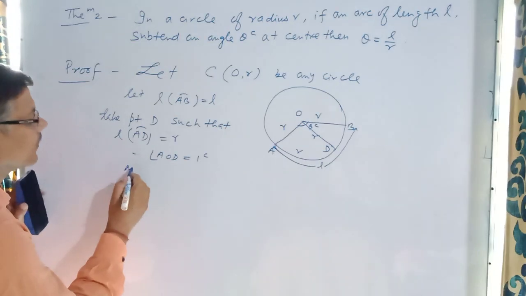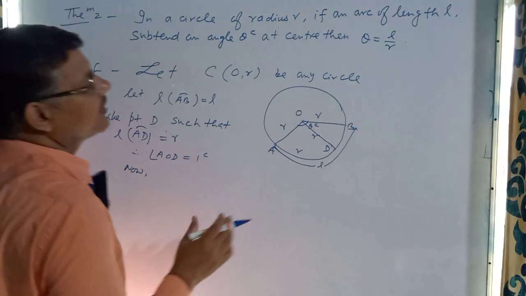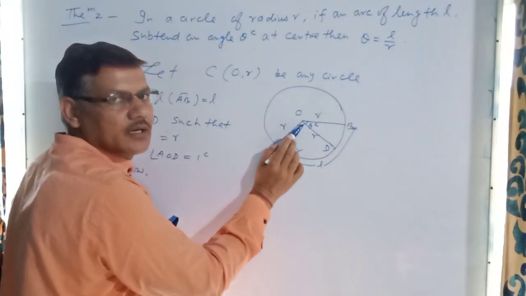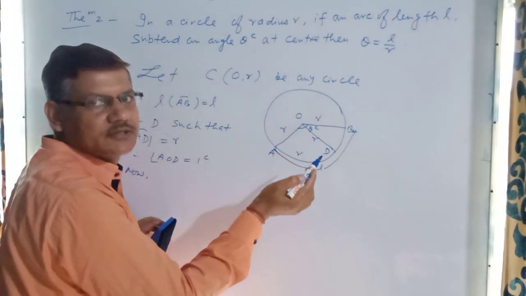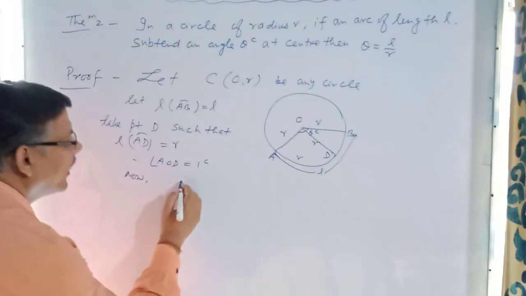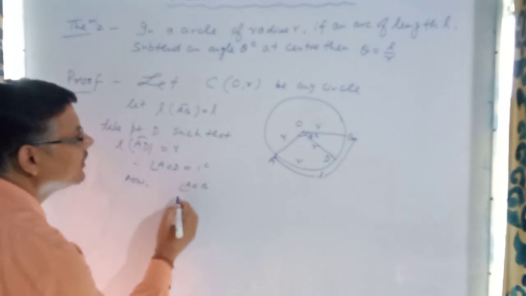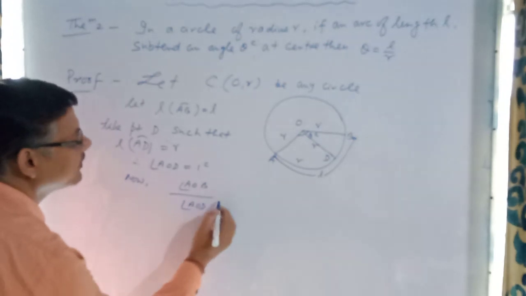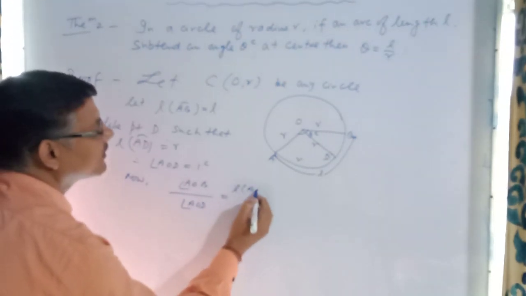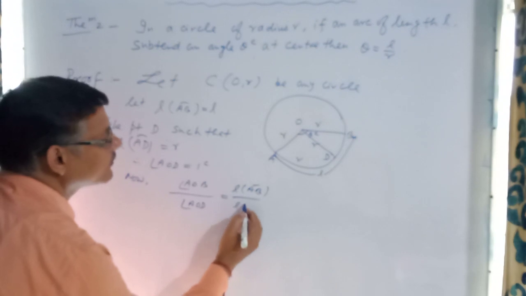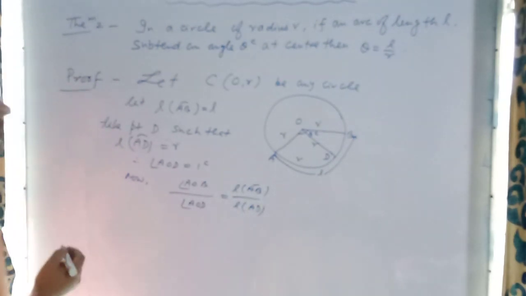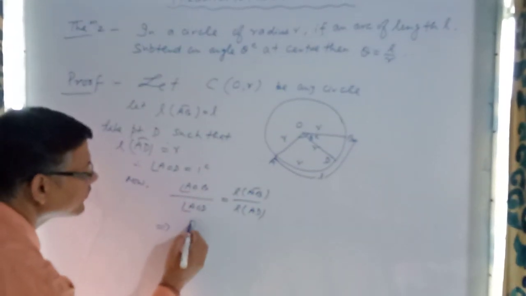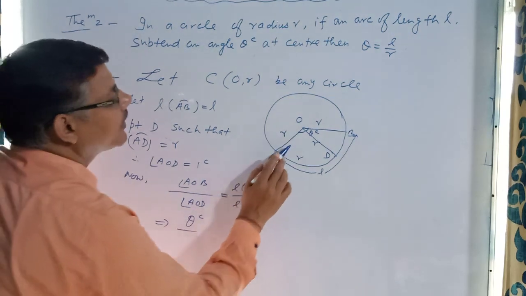Now by the earlier theorem, angles subtended by an arc at the center of a circle are proportional to the length of the arc subtending them. So here we get angle AOB divided by angle AOD is equal to length of arc AB divided by length of arc AD. What is the measure of angle AOB? Angle AOB is theta radian. What about AOD?